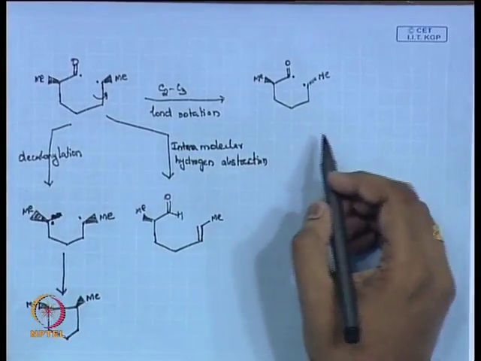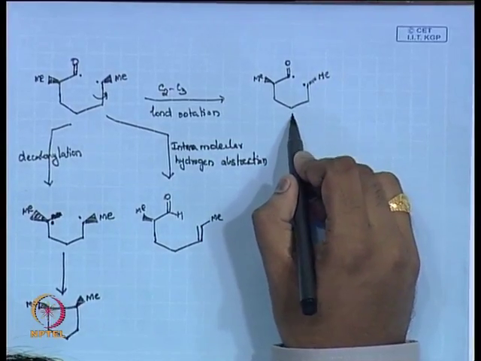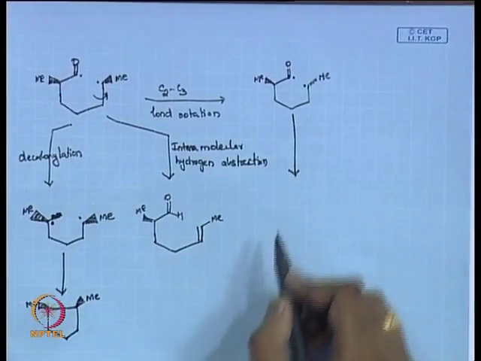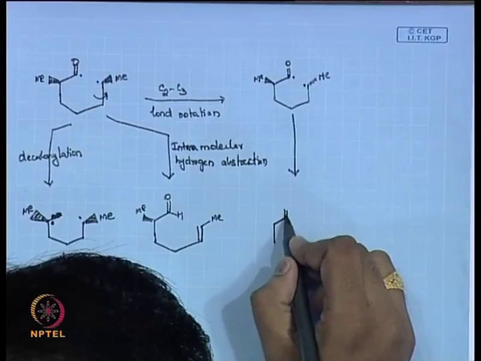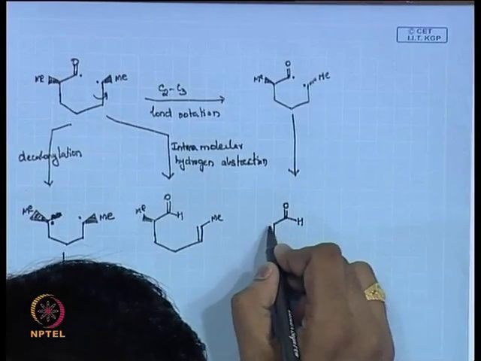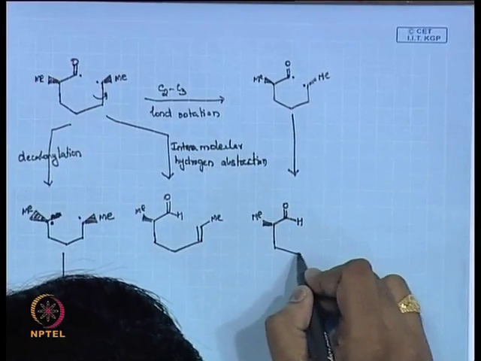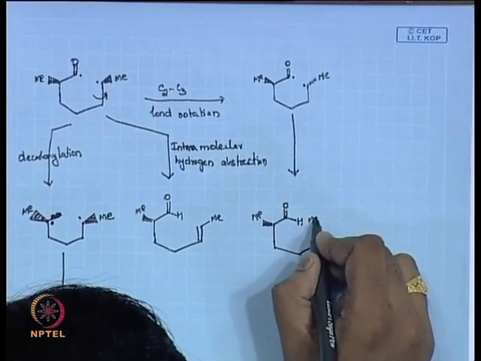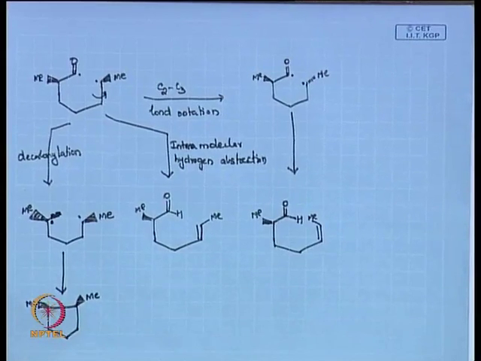Okay. If I do the same chemistry from this radical, for example, I am doing the same intramolecular hydrogen abstraction, then what product should I get? See, my methyl will be inside, right. So, I now get 2 different alkene products.